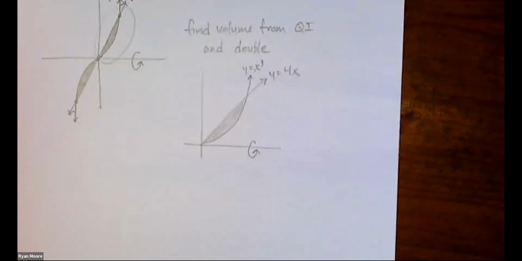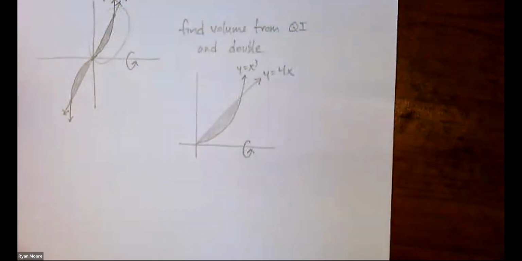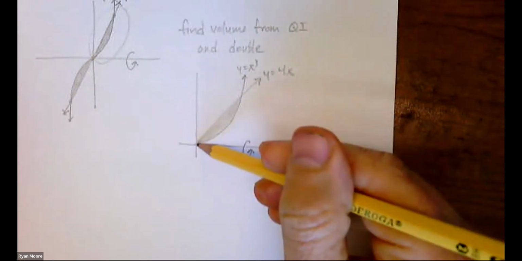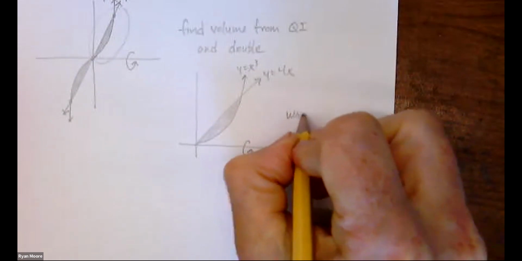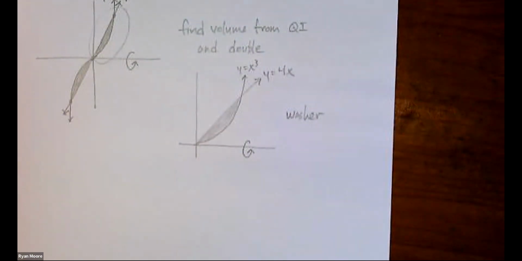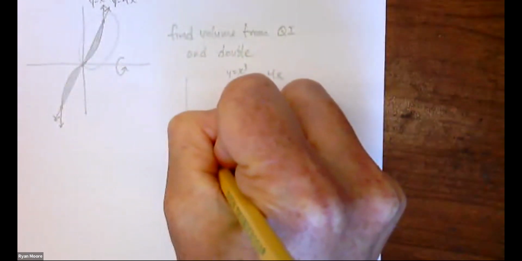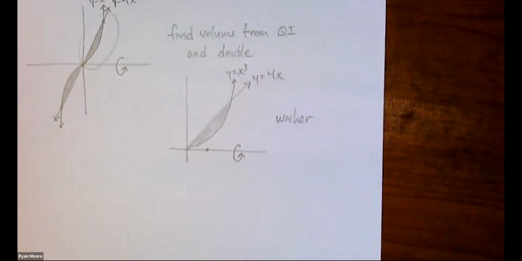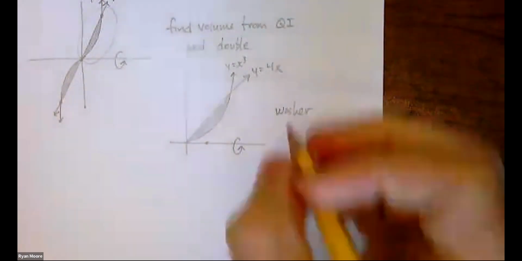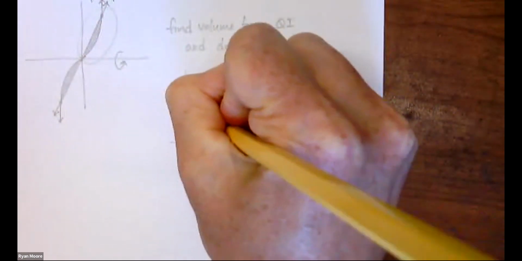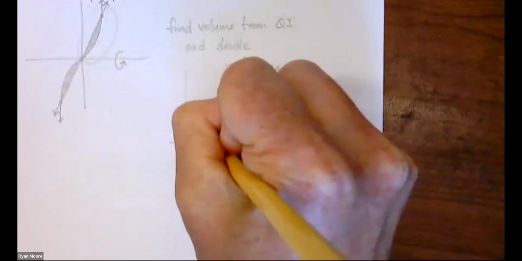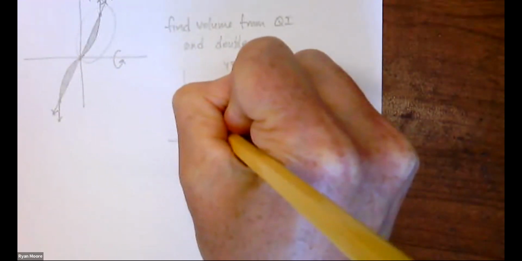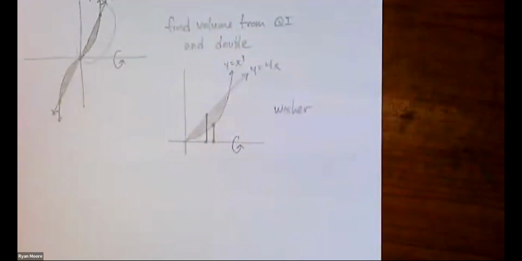Okay. Is this a disk or a washer? Well, as that revolves, yeah, it comes down to the origin there, but there's that big gap everywhere else. That is a washer for sure. And so let's draw the outer radius and inner radius. The outer radius goes all the way to the outer edge. The inner radius goes to the inner edge of the region, like so.